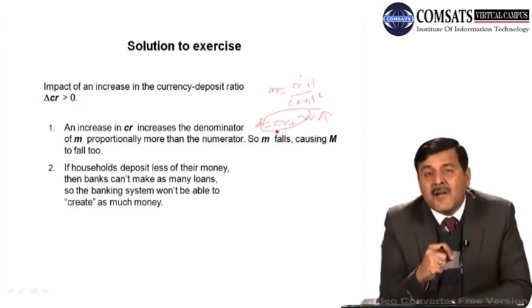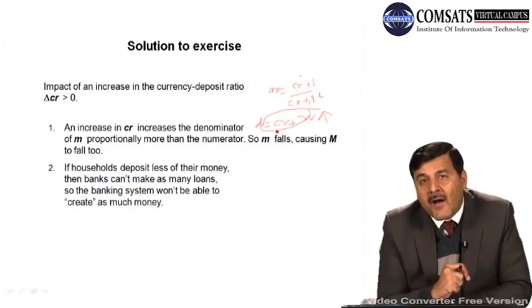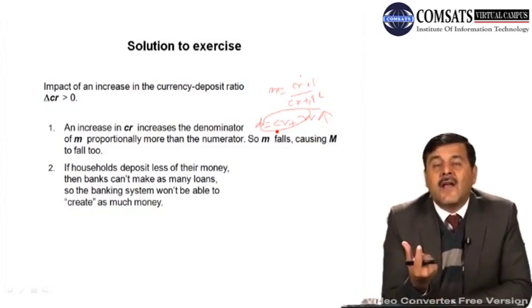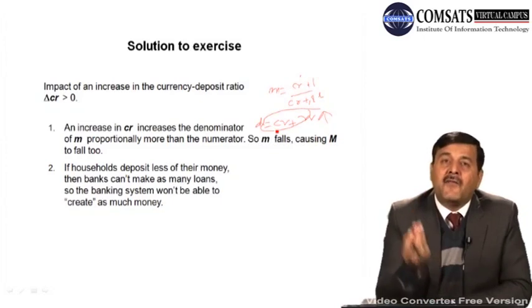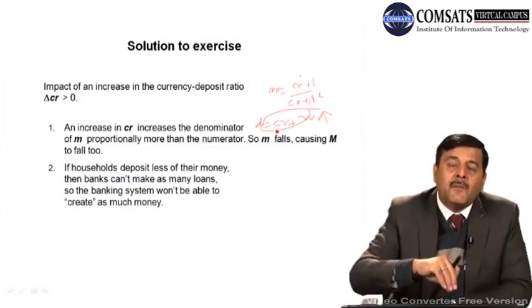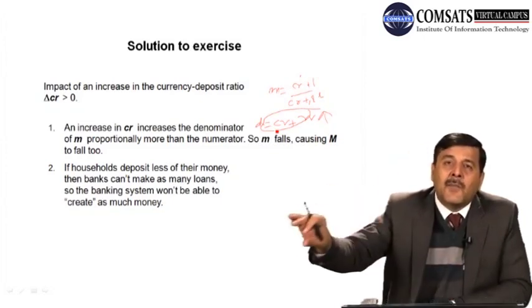The money multiplier will decrease. So what will be the result? The effect of the decrease in the multiplier will be on the money supply.